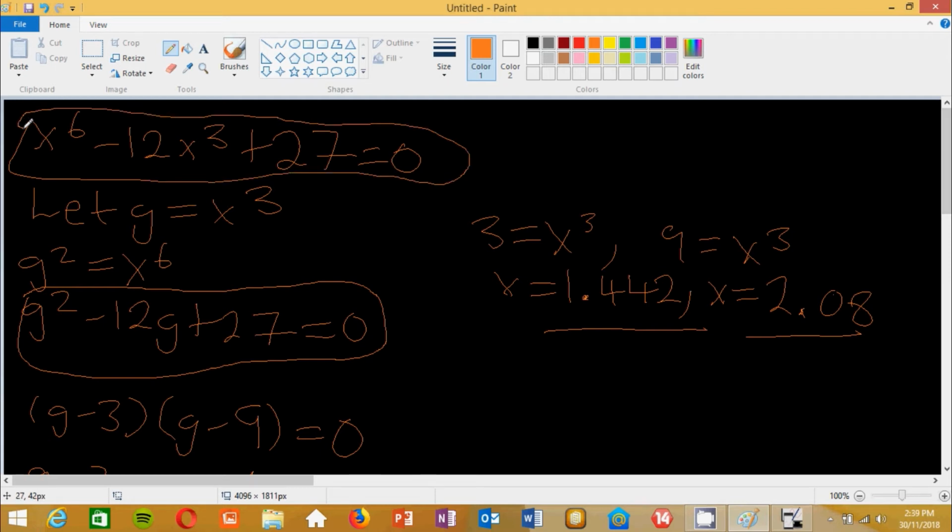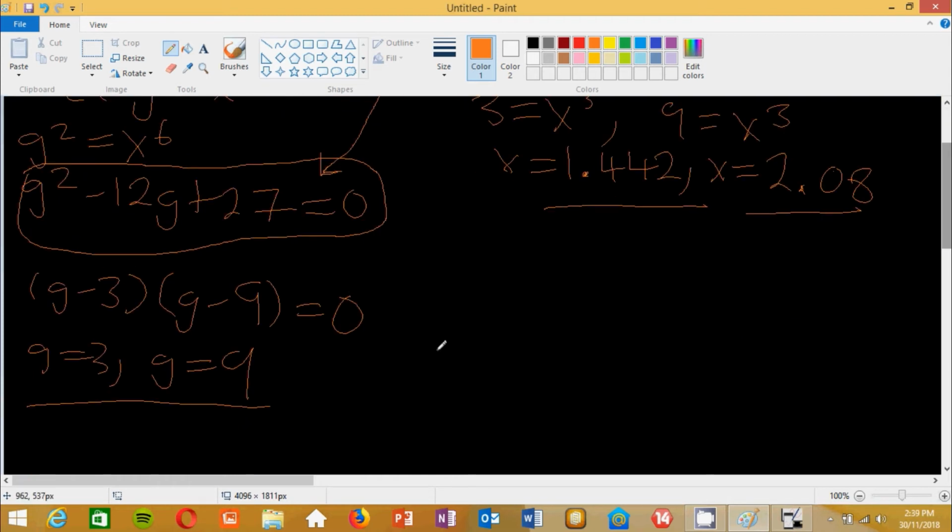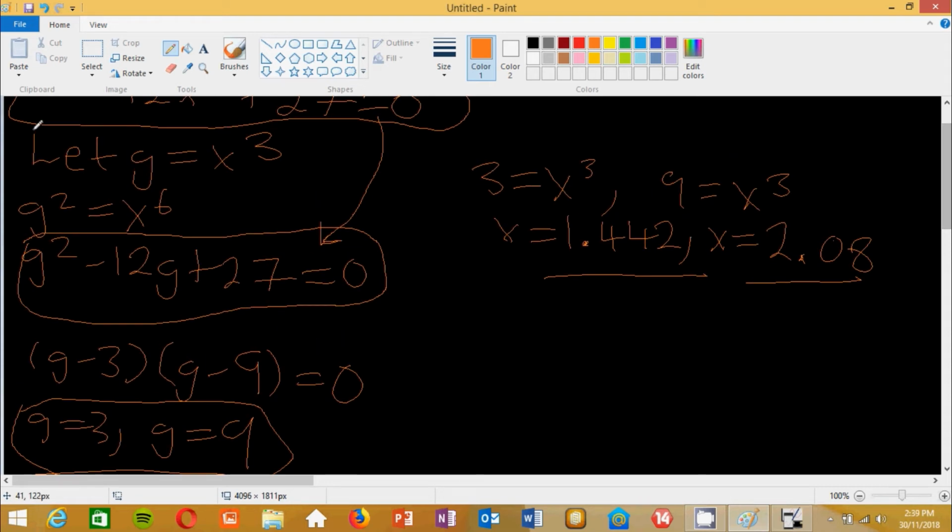So we looked at this equation, we converted it into a quadratic equation, then we solved that quadratic equation by the standard methods that we know, and we got the answers 3 and 9. Then we used this conversion, where we say g is equal to x to the power 3.